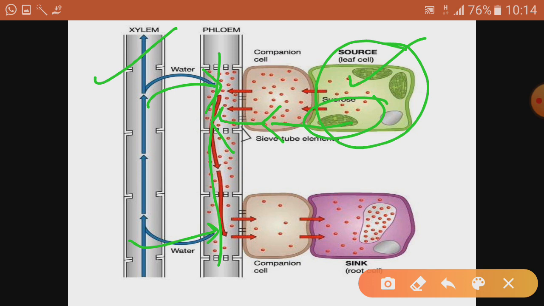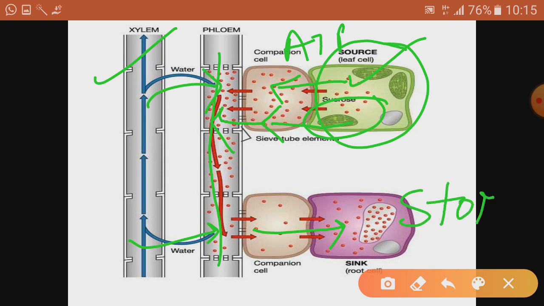Then how and when is the ATP utilized? Basically, when there is uploading of the food from the source to the companion cell, that time ATP is required. And second time is when there is offloading of the food from the companion cell to the sink, that is where it is going to be stored.